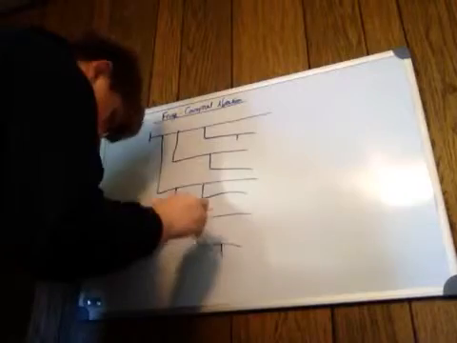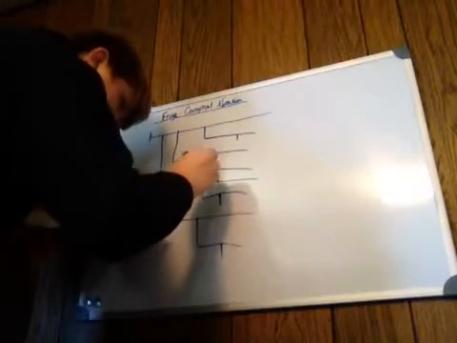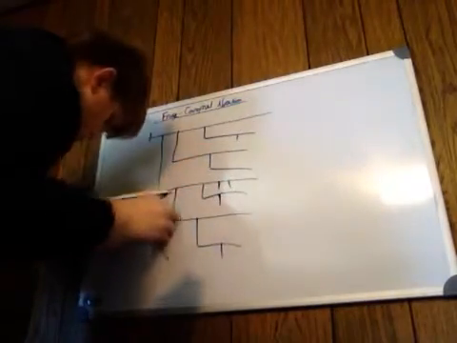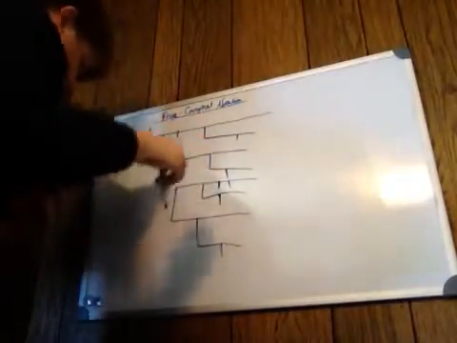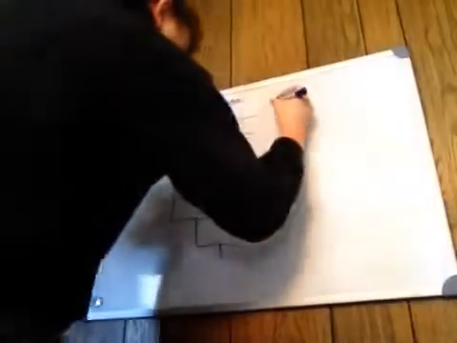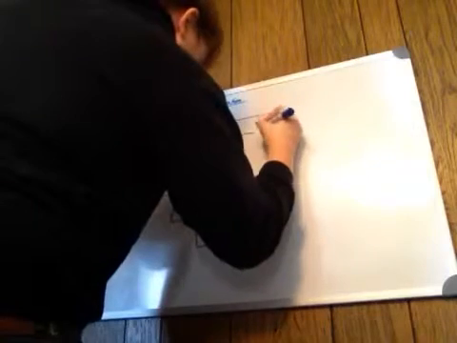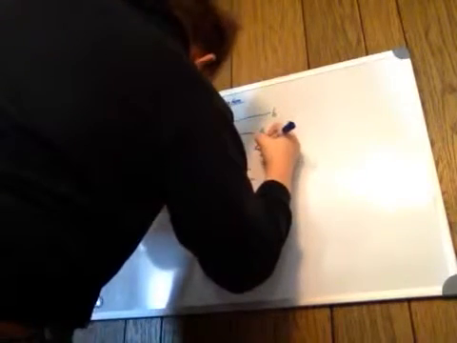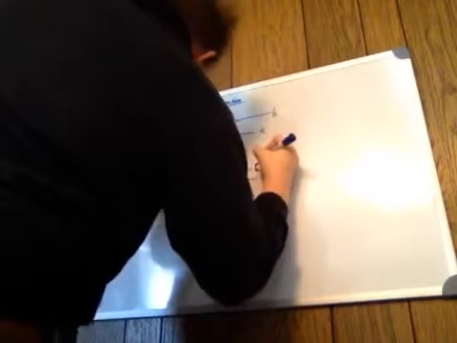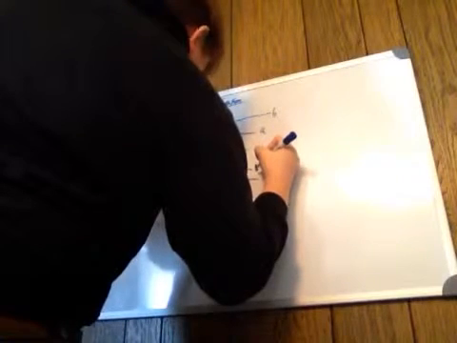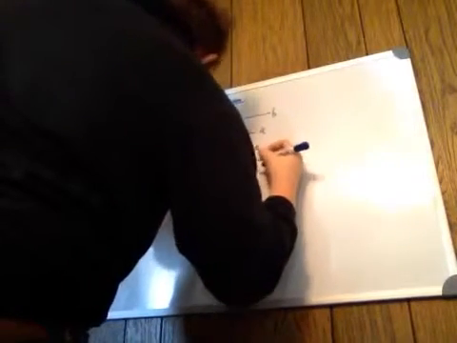There, one there, two there, one there, and one there. Okay, B, A, B, and then B, A, B.